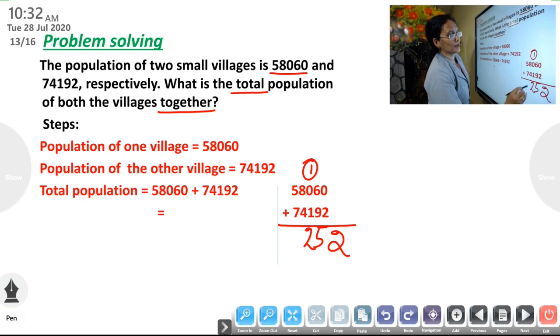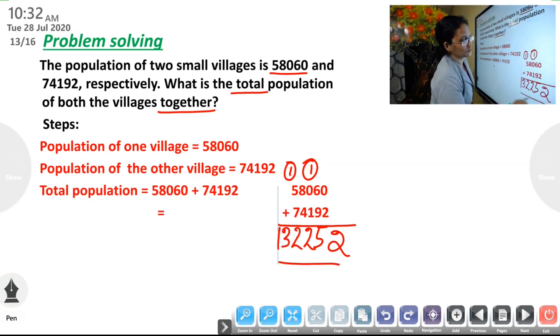Then 8 plus 4, keep 8 in your mind, 9, 10, 11, 12. 8 plus 4 is 12. Again there is carryover. 7 plus 5 is 12. 12 plus 1 is 13. So this is the answer.